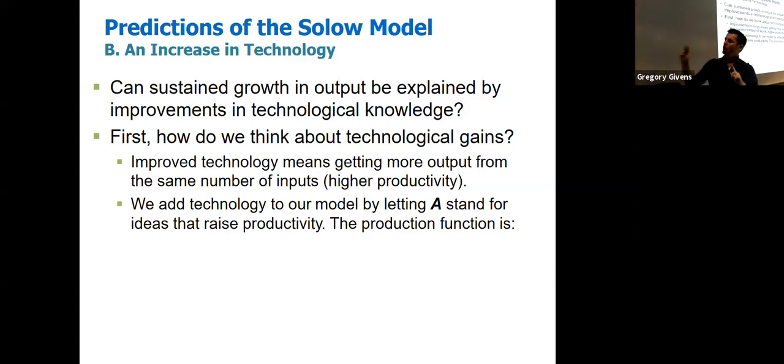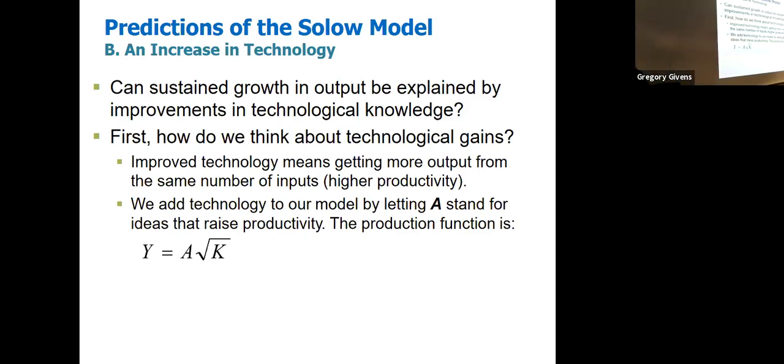You guys remember early on in the last class, we introduced this variable or parameter A in the production function to represent or denote technology. We kind of ignored it temporarily. Well, let me reinsert it back into the production function so that we can talk about changes in technology.